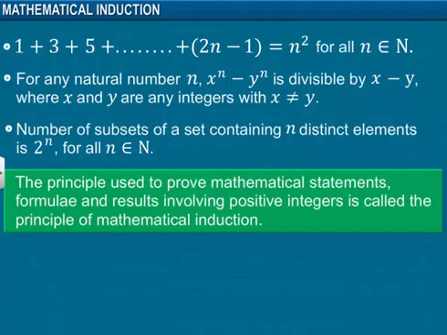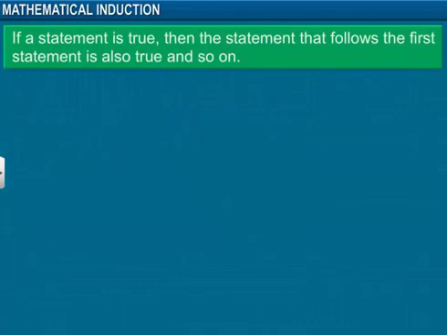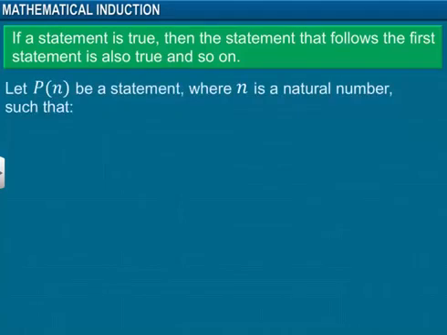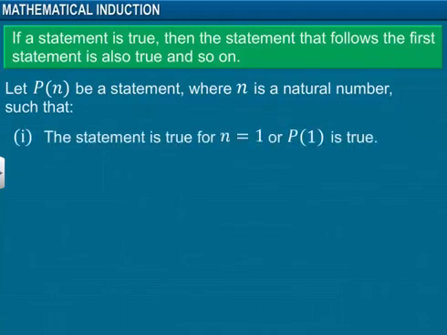To prove mathematical statements through the induction method, we must follow certain principles. The basic principle behind mathematical induction is that if a statement is true, then the statement that follows the first statement is also true, and so on. Consider a mathematical statement P of n involving natural number n, such that the statement is true for n equal to 1, or in other words, P of 1 is true.